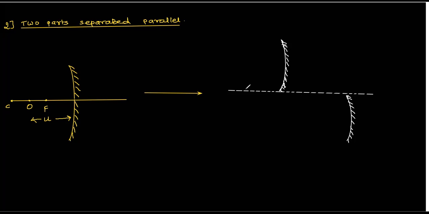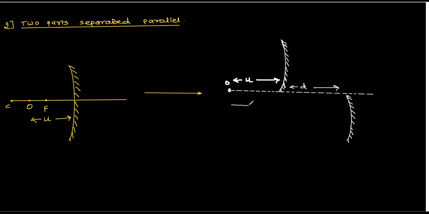Like this. And now where is the object? Here is the object, right? This is O, and now this is your u distance, the object distance for this piece, and this another part which we have placed is, suppose, D distance apart.